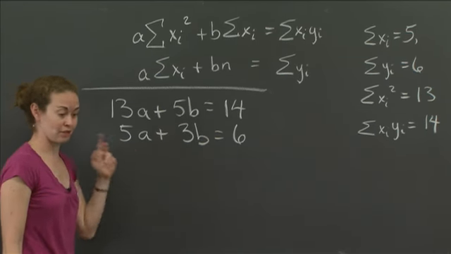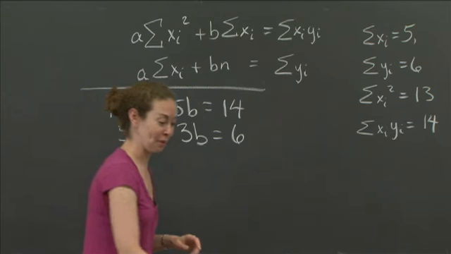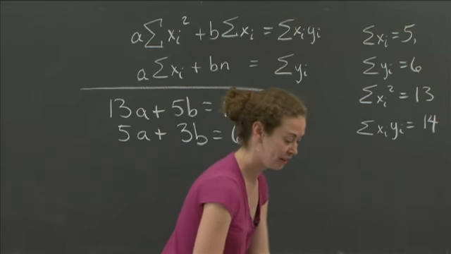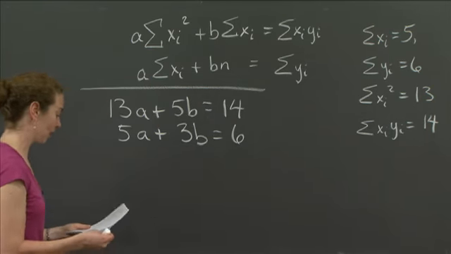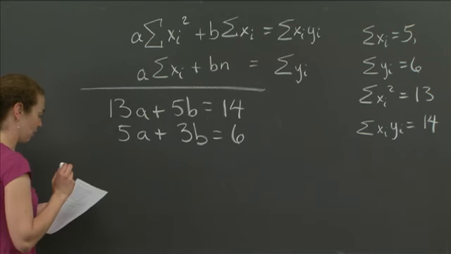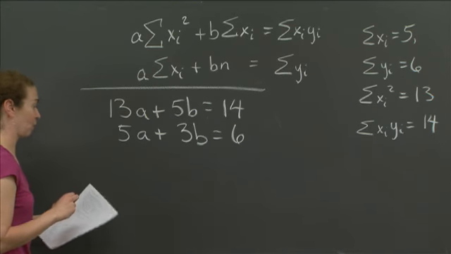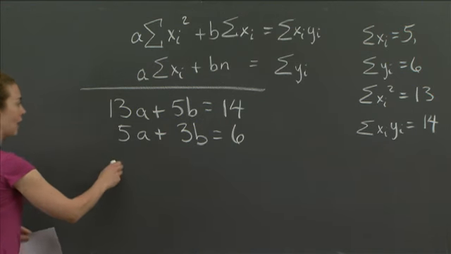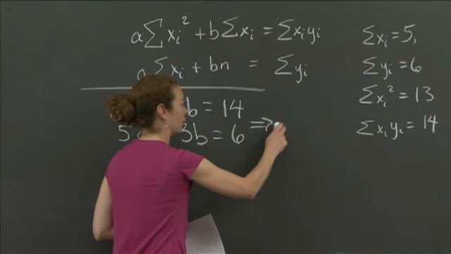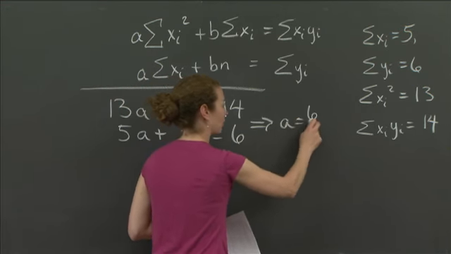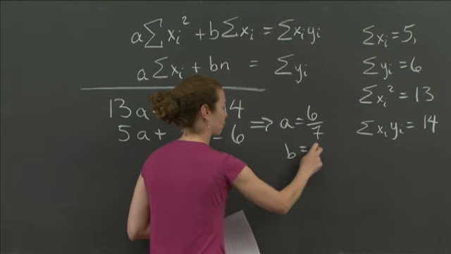And if you solve this, I should look at my notes because I didn't memorize it and I'm not going to do all the algebra. If you go to solve this, what you actually get is that a is equal to 6/7 and b is equal to 4/7. So you get that the line, let me write it here, a is equal to 6/7 and b is equal to 4/7.